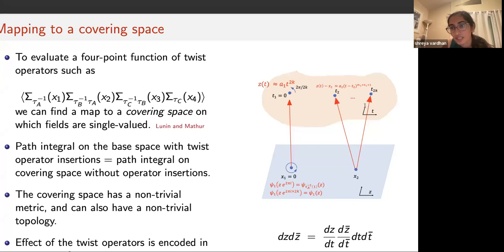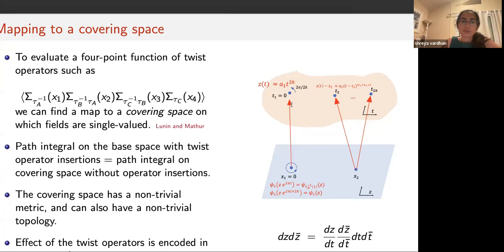If t is the coordinate on the covering space, then the original coordinate z locally looks like t to the power of 2k. So going around by an angle of 2 pi here corresponds to going around by an angle of 2 pi over 2k there, so that when you go around by 2 pi on the covering space, you come back to the original field.